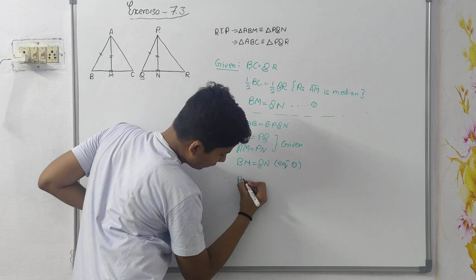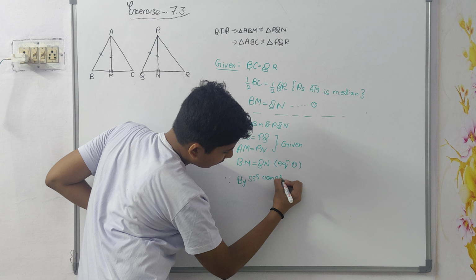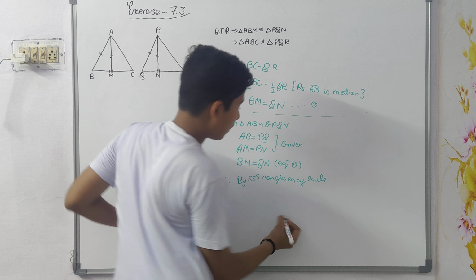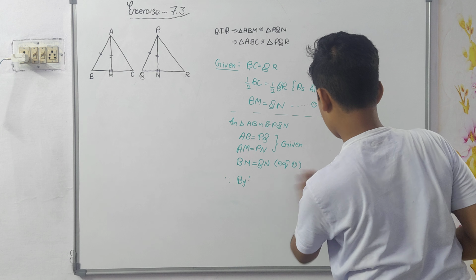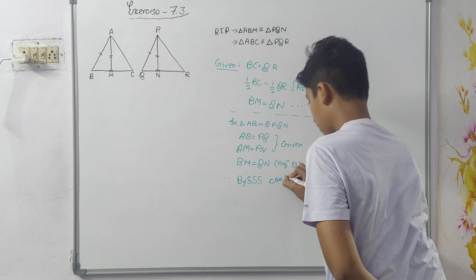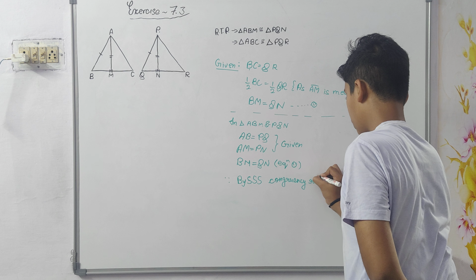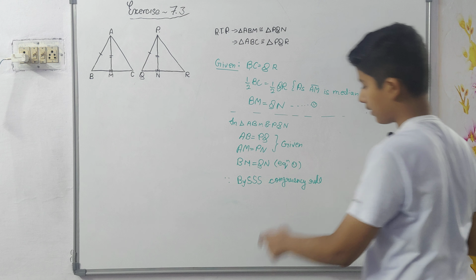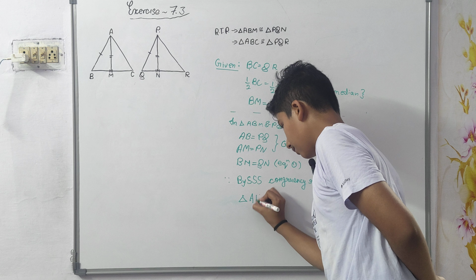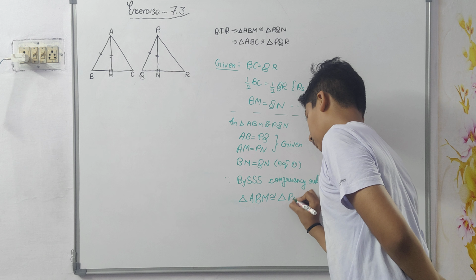Therefore by SSS congruency rule, we can say that triangle ABM is congruent to triangle PQN.